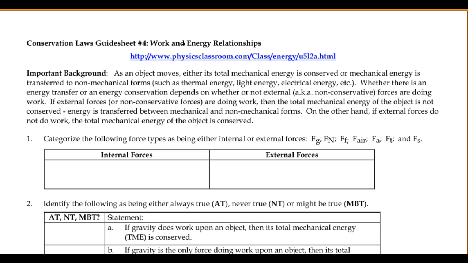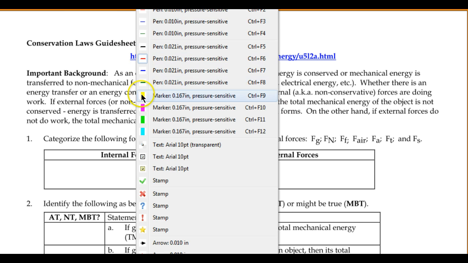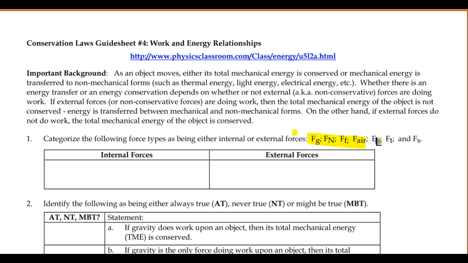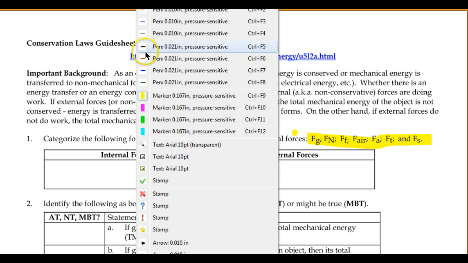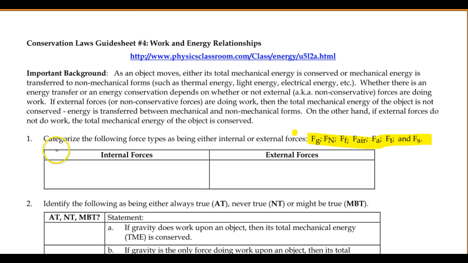Now, forces can be internal or external. If we have here our list of forces, they can be either internal, meaning from within the object, or external, coming from the outside. Which ones are internal?